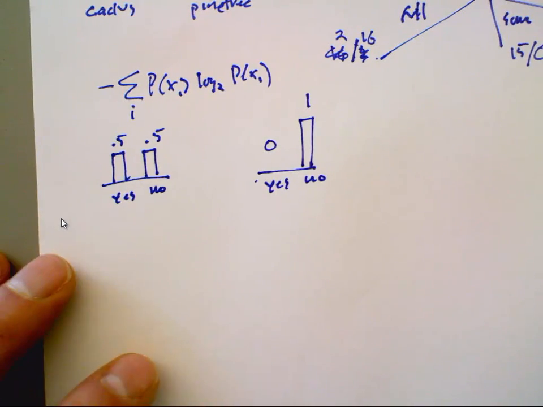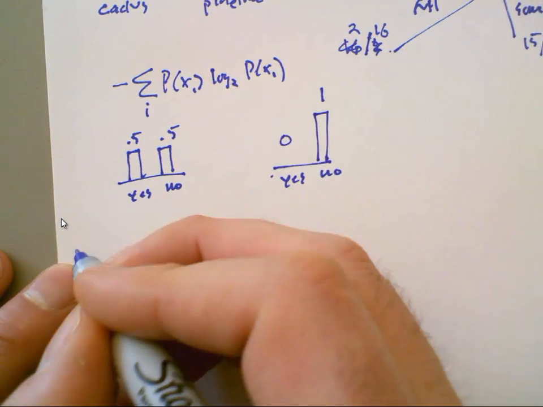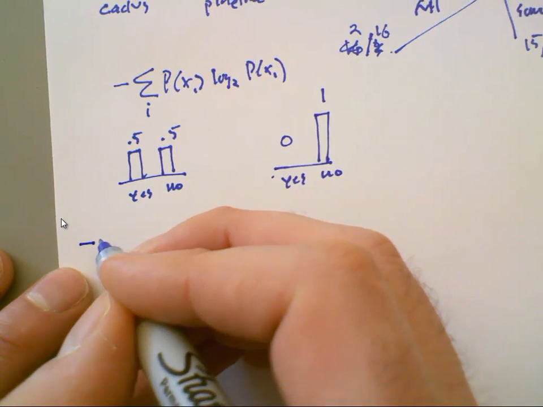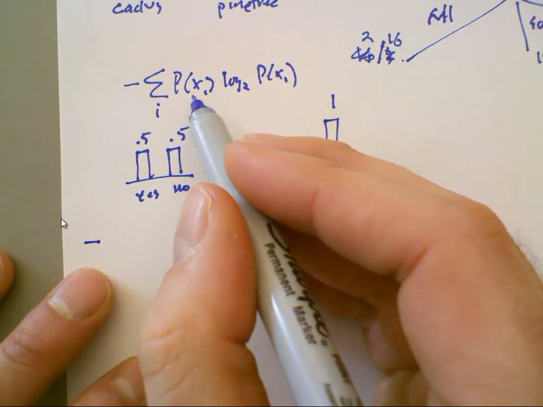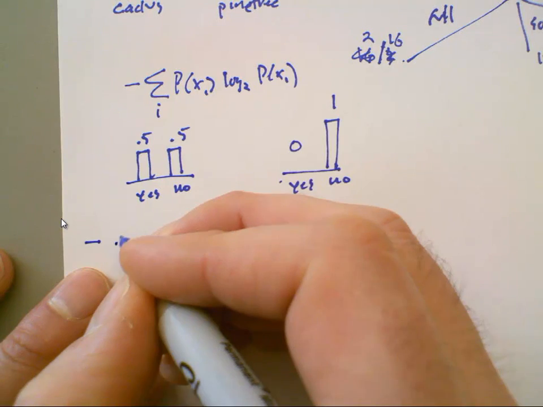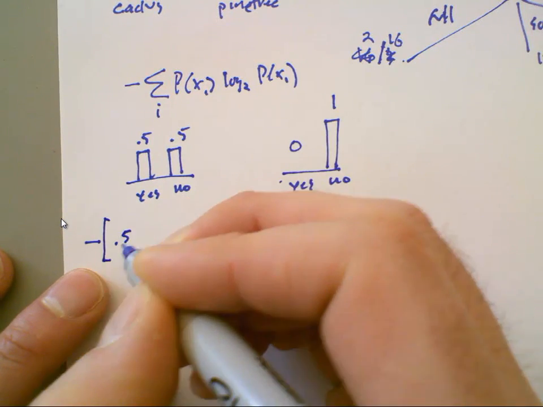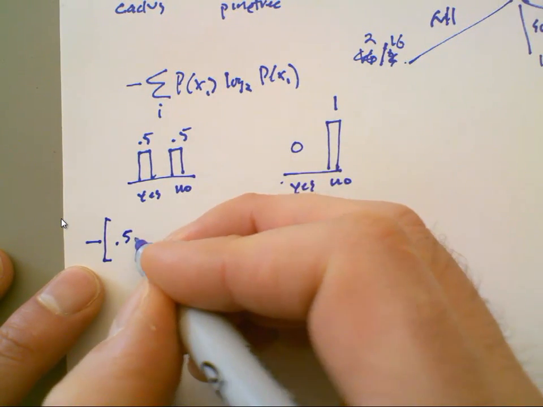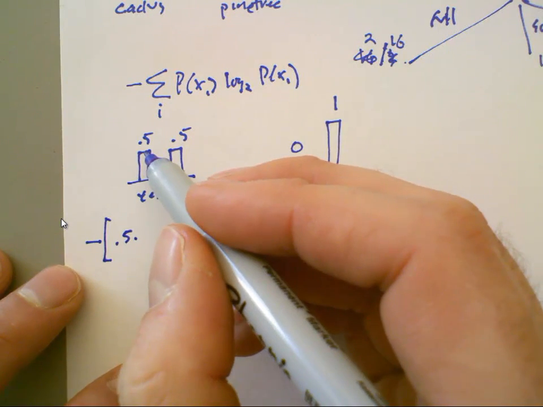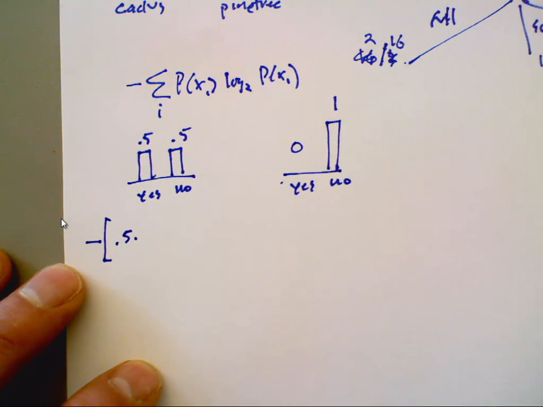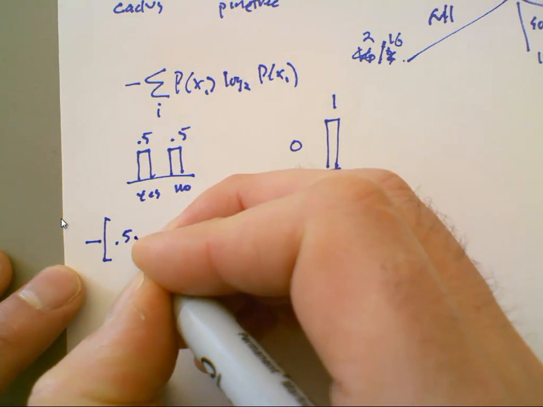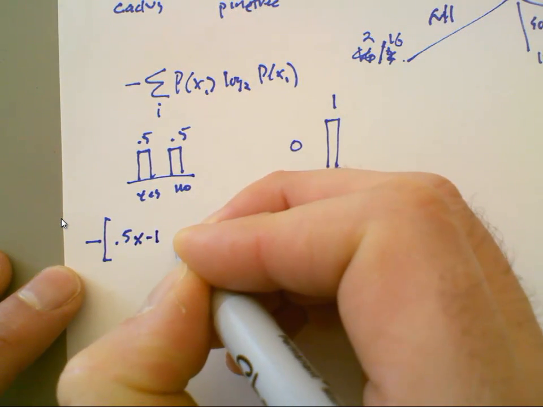Well, let's see here. We've got negative, and then the probability of getting yes is 0.5, and I multiply that by the logarithm base 2 of 0.5. Anyone happen to remember what that is? Negative 1, times 0.5.